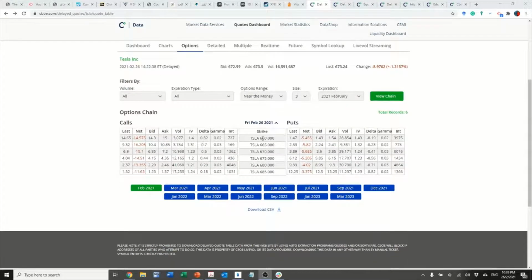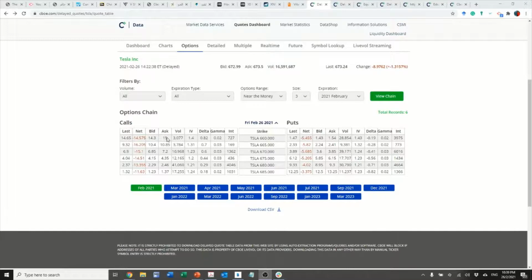So what do we see here? We see the prices. If you want to buy the option, you will pay this price, and if you want to sell this option, you will receive this price.